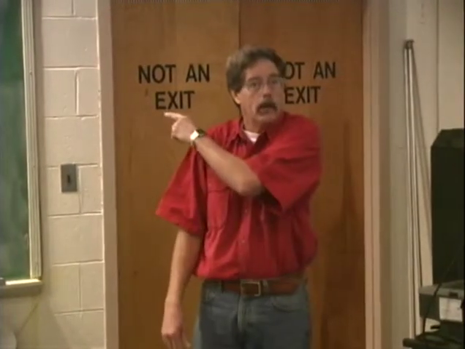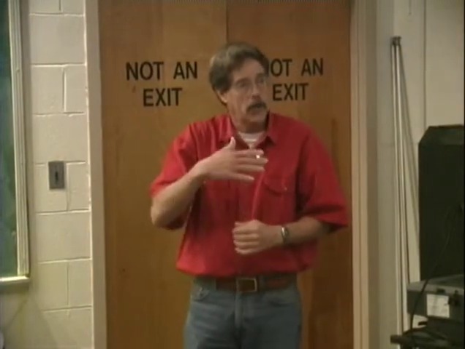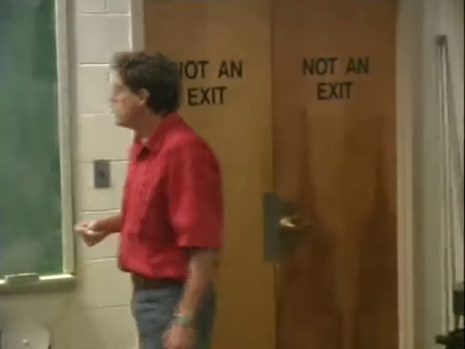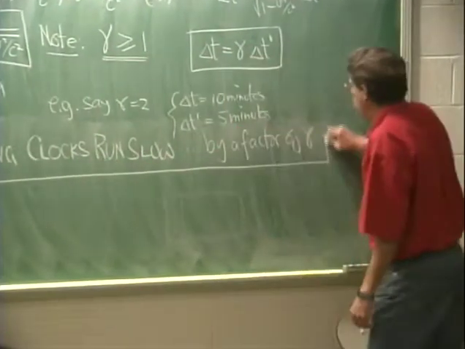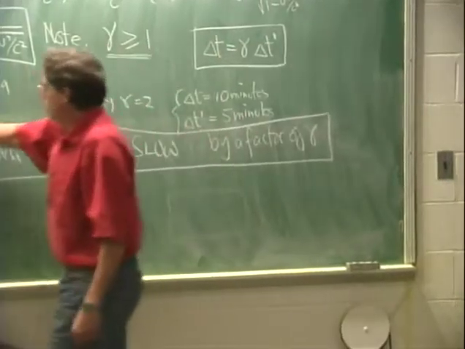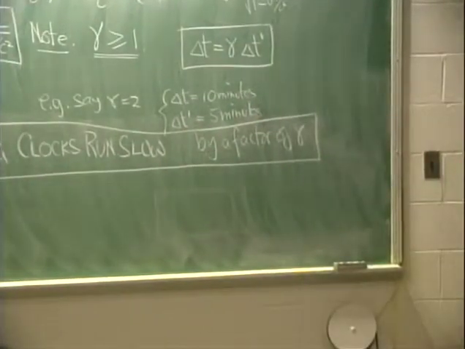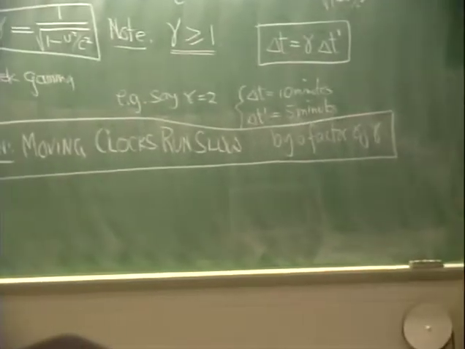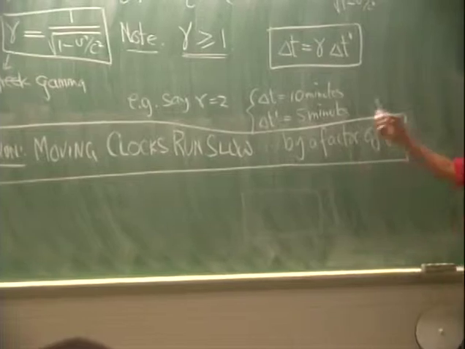You stick the gamma on whichever side of the equation you need to make it come out that the time interval on the moving clock was less than the time interval on the stationary clock. It's easy if you don't become a slave to the equations and instead think about what's happening. Moving clock runs slow. How much? Factor of gamma. All of this is what we call time dilation.